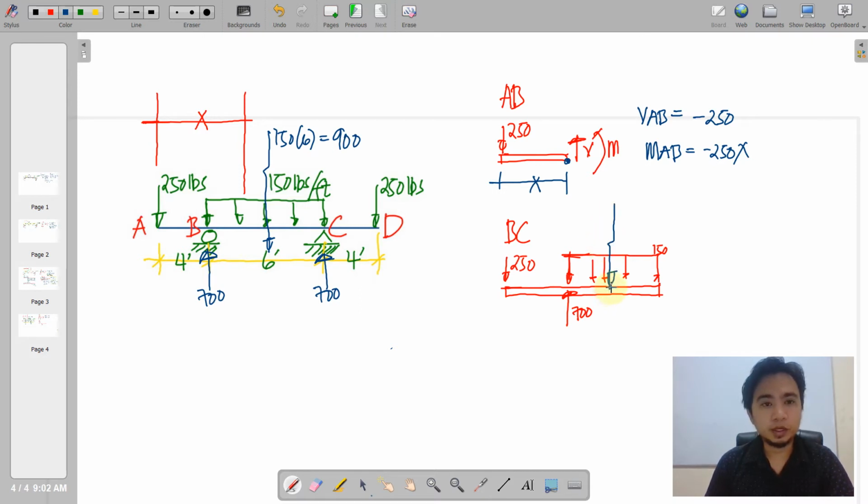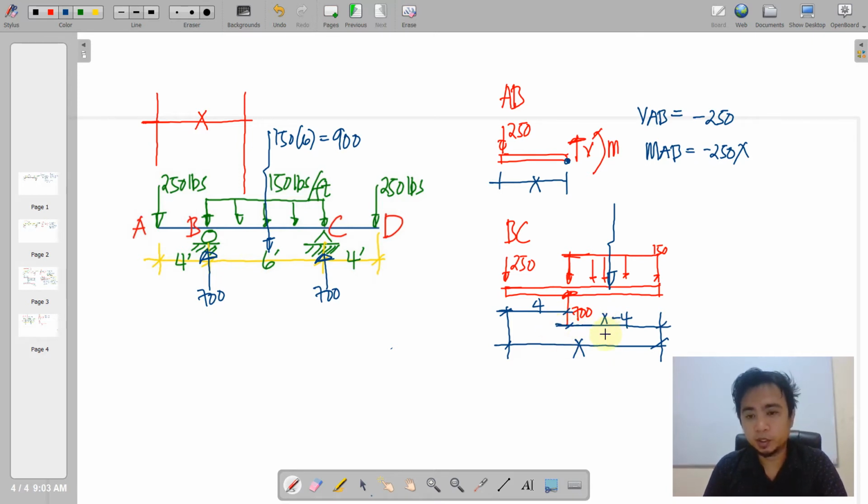We have here the resultant equivalent to 150 times this distance. And what is that distance? If this is x and this is 4, therefore the other dimension is x minus 4. So this is 150 times x minus 4.